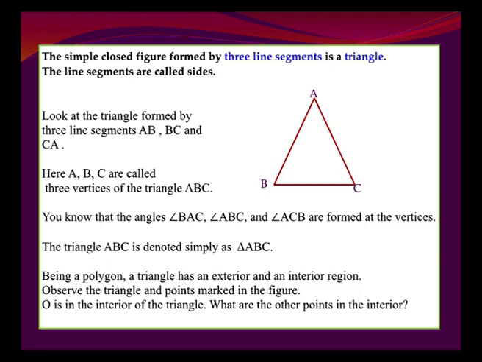You know that the angle BAC, you see BAC, this is the angle, ABC, this is the interior angle, and angle ACB. Okay. So, the triangle ABC is denoted simply as triangle ABC.